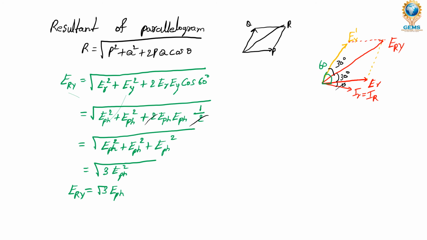What is this ERY? The ERY is line voltage, which is equal to root 3 times the phase voltage.